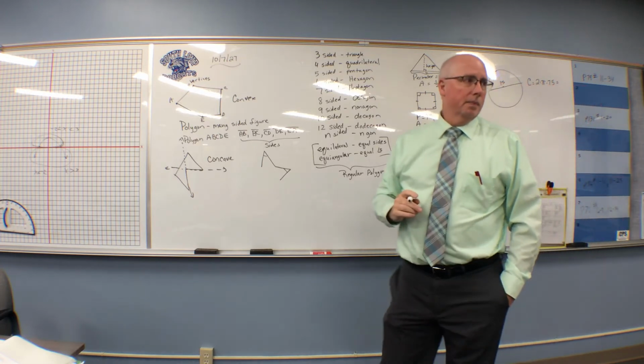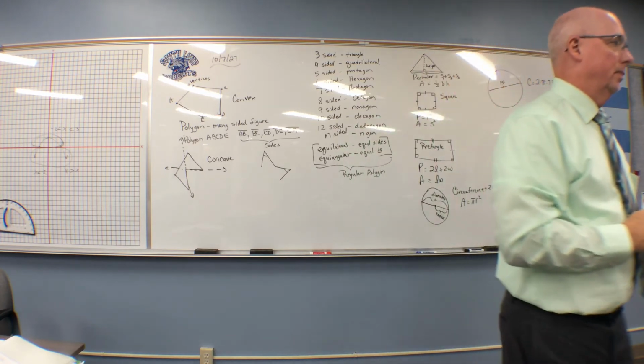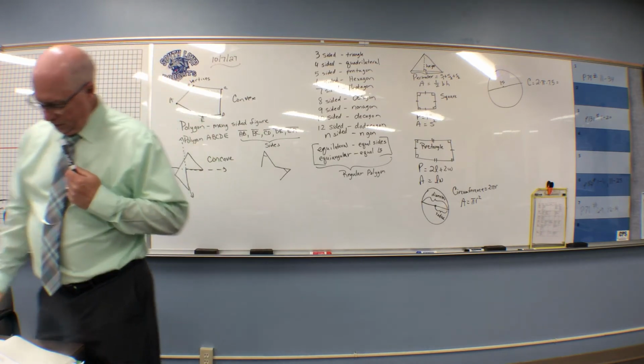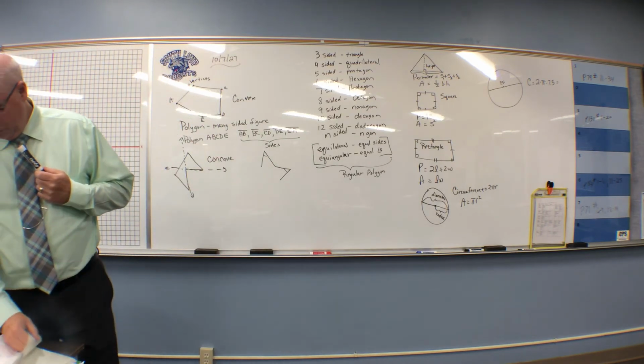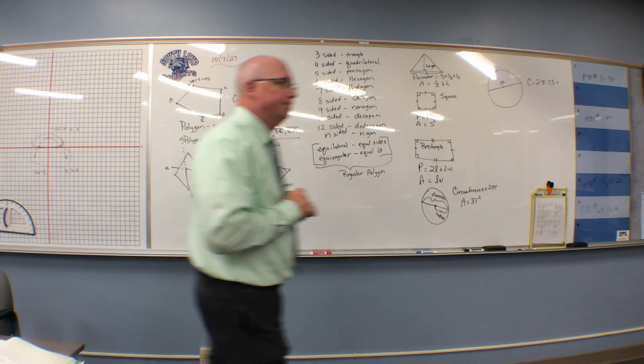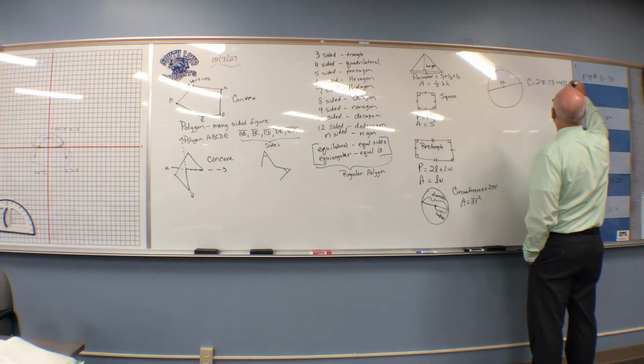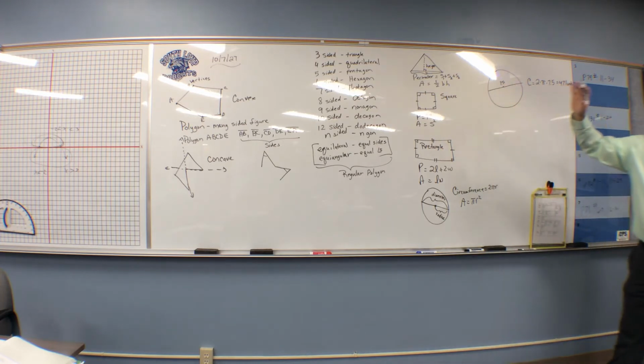Where's pi? Press second. Got it. 47.1 units, right? I don't have a unit up there, so we'll just say units.